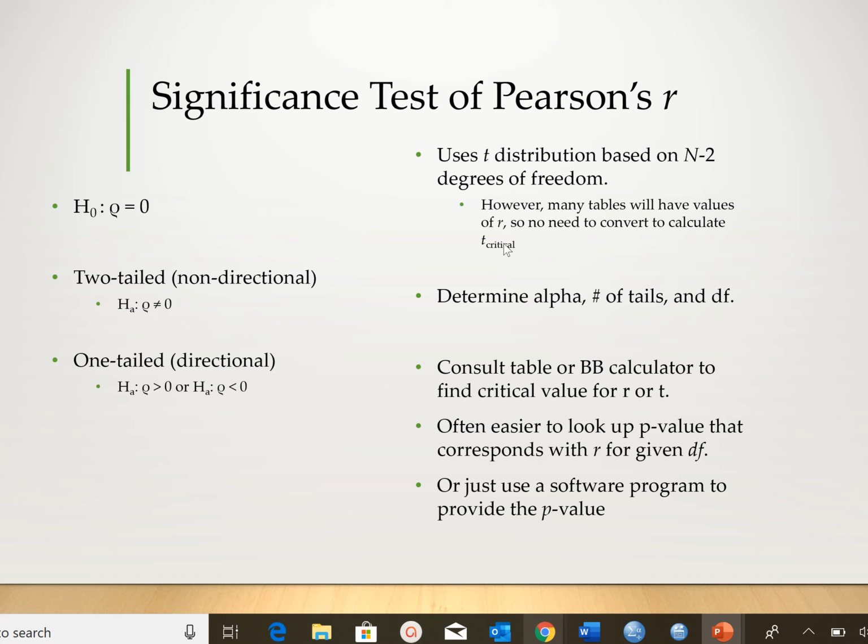So the lower the p-value means the correlation is less likely under the null hypothesis, and a higher p-value means that the correlation is more likely under the null hypothesis. But most software programs will provide you with the Pearson's R value and will provide you with the p-value so that you can directly interpret it.